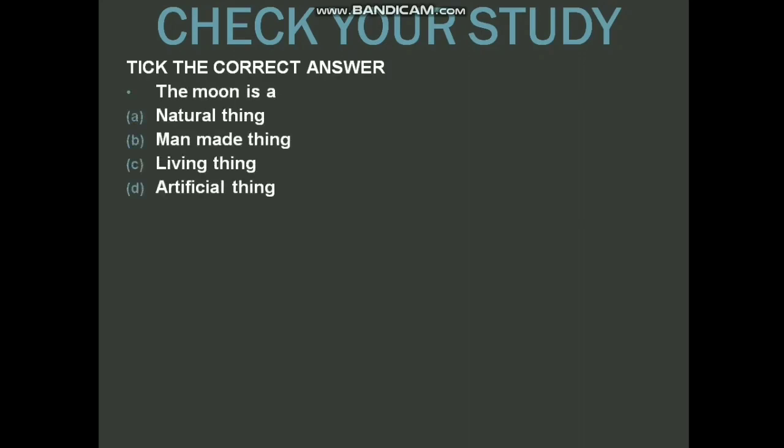Our first question is, choose the correct answer. The moon is a natural thing, man-made thing, living thing, or artificial thing. What will be the answer? The moon is made by God. It is naturally present, so it is a natural thing. Yes, very good.